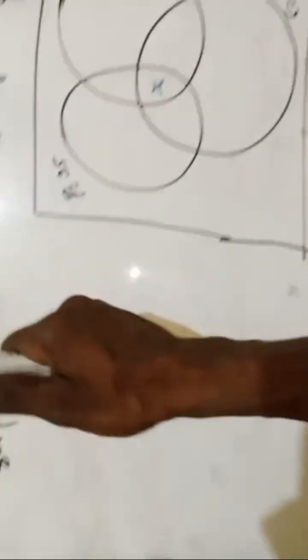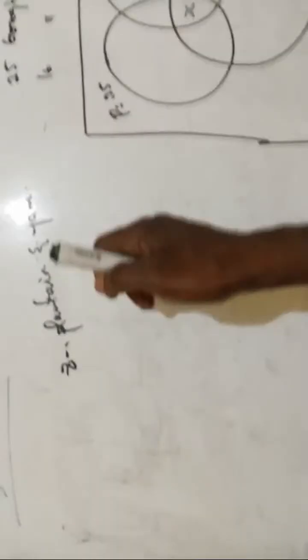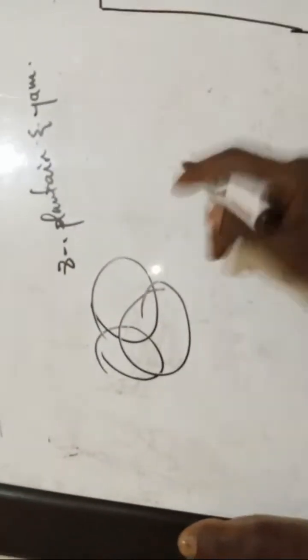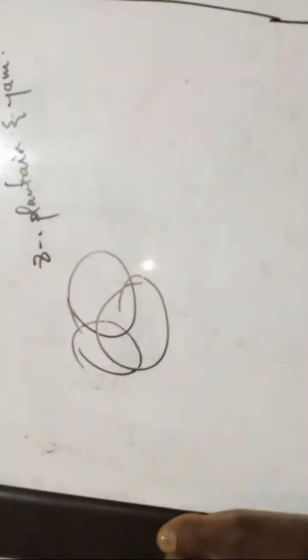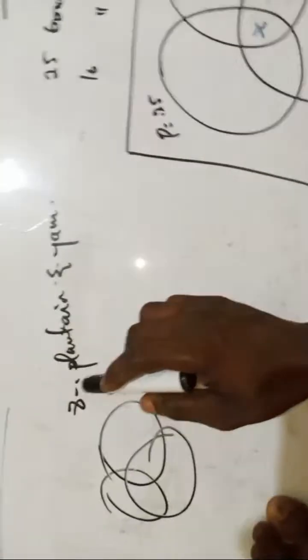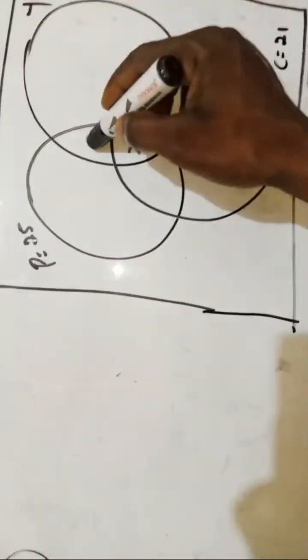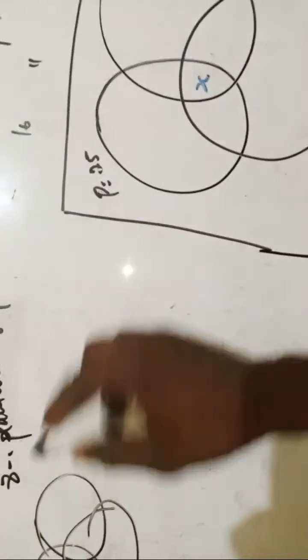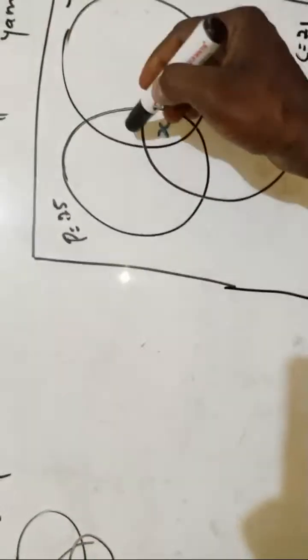Maybe I should pose this question to you here. According to our Venn diagram, the first one here, we have something that goes like this. Let me draw this nicely. We all know that this is the plantain and this is the yam. The question says that 8 people bought plantain and yam, so they are going to be in this portion. Now the next question is, are all these 8 people going to be here, or do you need to subtract?